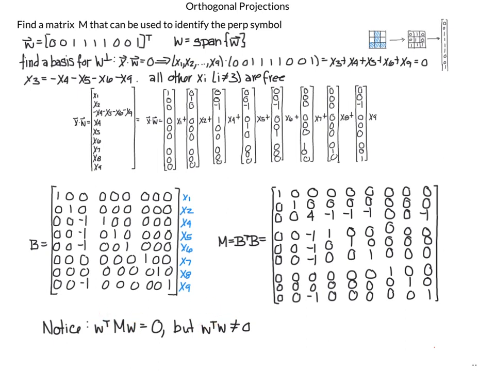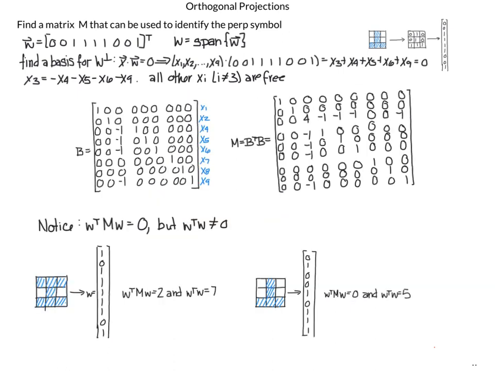But to eliminate the possibility that W is equal to 0, with 0 being all white, you also take W transpose times W, and it will not equal 0. So this matrix, along with this one other calculation, you can confirm that what you have is the pattern of the perp symbol.